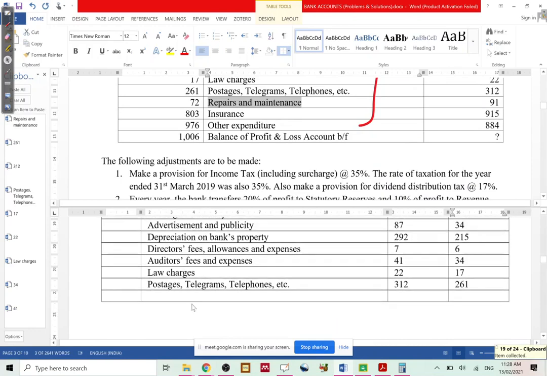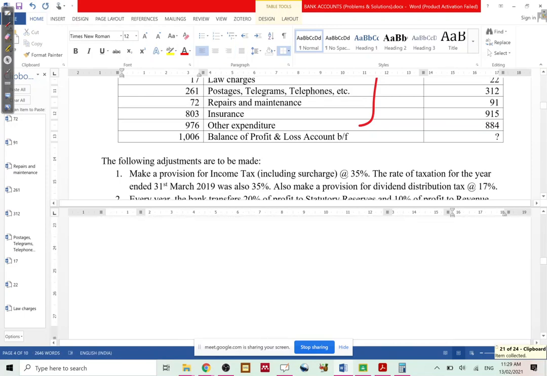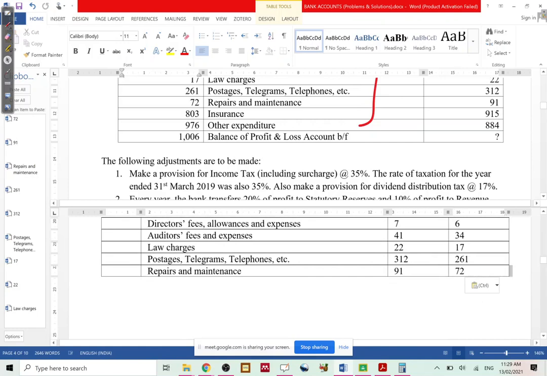Repairs and maintenance. 9,172. Okay, add more lines to this.